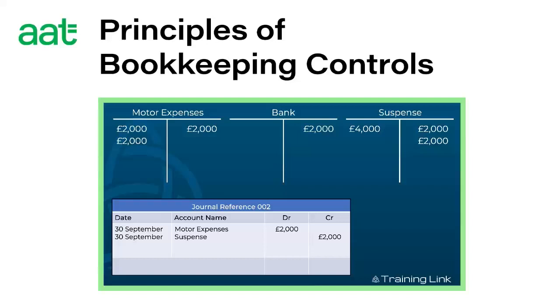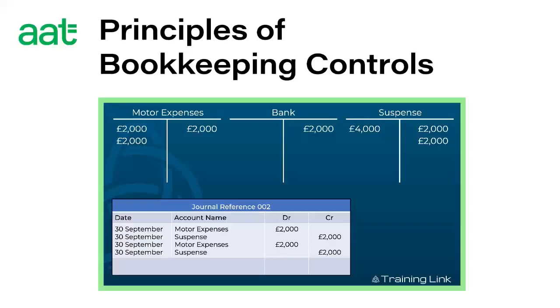The effect of this second transaction would be that now we have a debit balance of £2,000 on our motor expenses account. We have the correct £2,000 credit in our bank, as it always was, and our suspense account has now been reduced to 0. And the journal, let's update our journal for the second transaction, would look the same again.